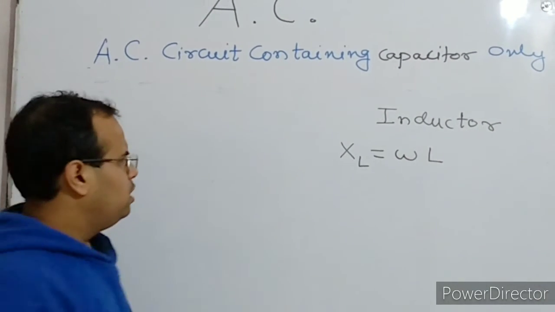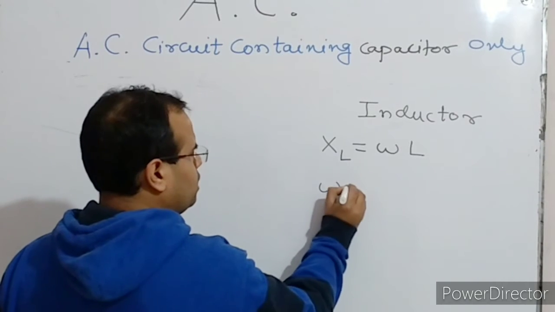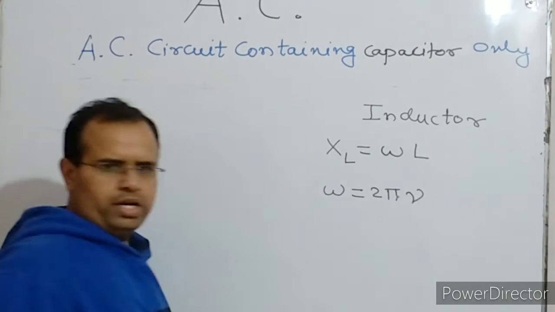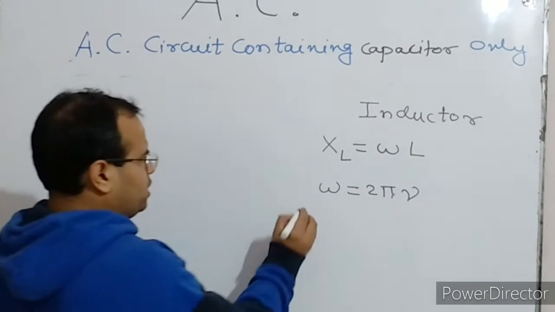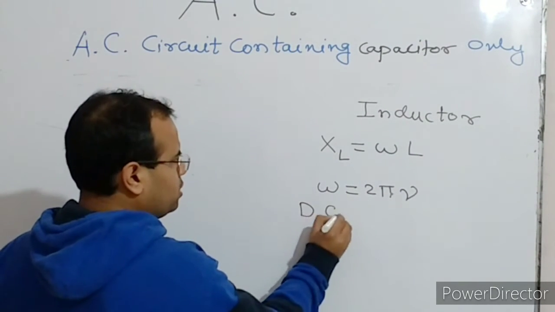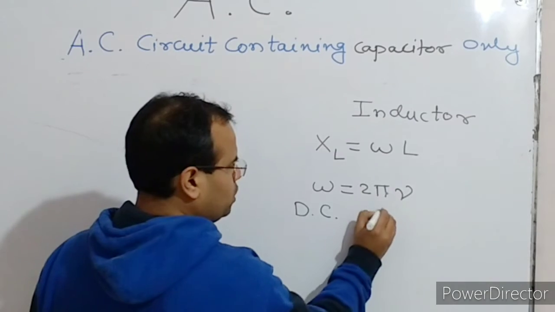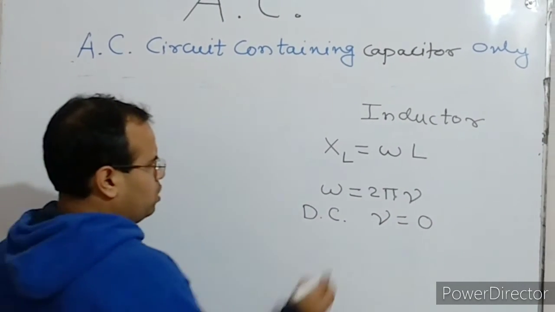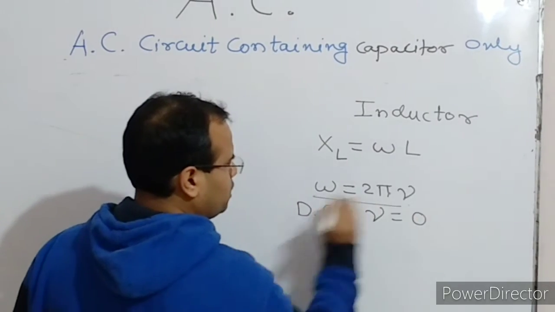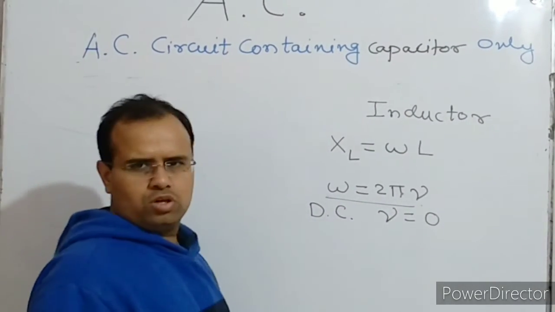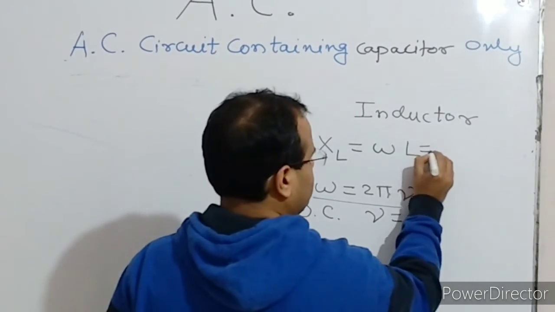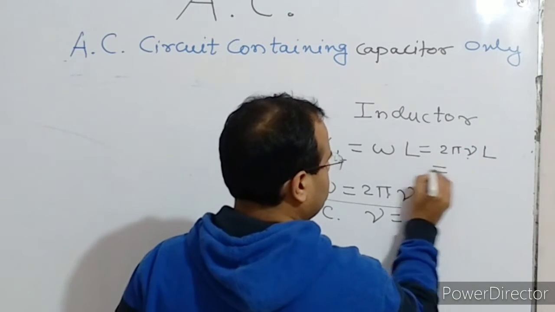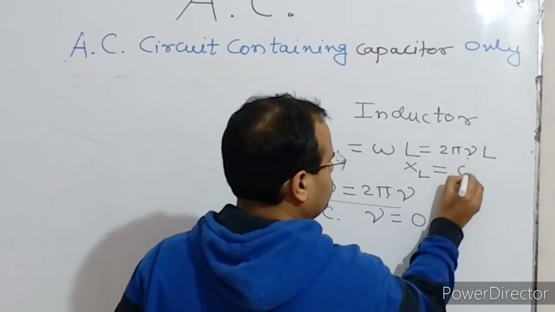When we did this, you know that omega is equal to 2 pi nu, right? As far as DC, direct current, is concerned, nu is equal to 0. When nu is equal to 0, it is obvious that omega is equal to 0, and you can write it as 2 pi nu L, and because nu is 0, XL is also 0.